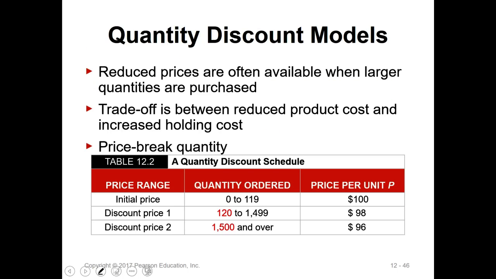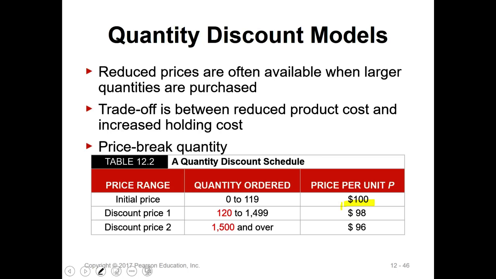And go back to this example. We understand our goal is to find the minimum total inventory cost. That's the three portions: the holding cost, the setup cost, and the product cost. We want to make the three the lowest. When you look at this quantity discount schedule, if you order from 0 to 119, you have to pay the original price, $100.